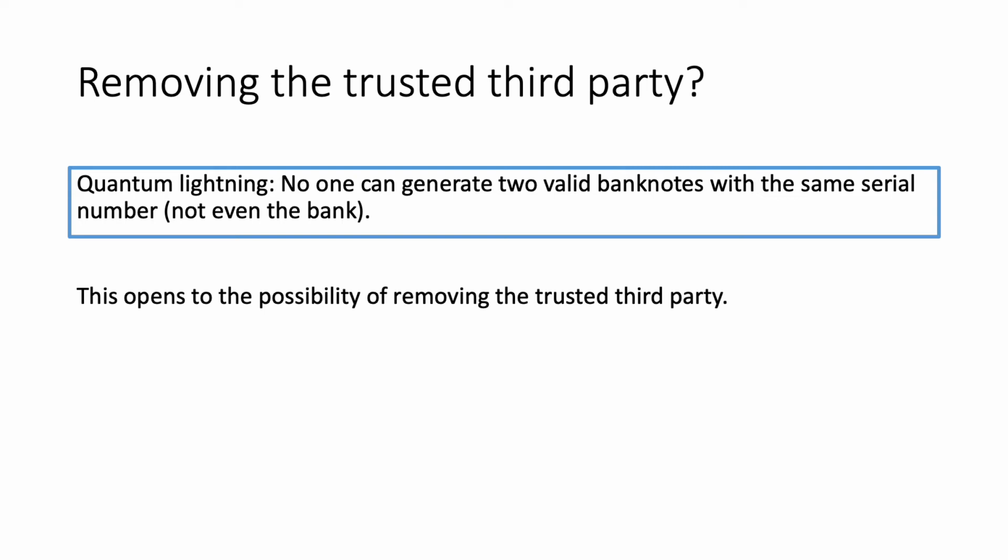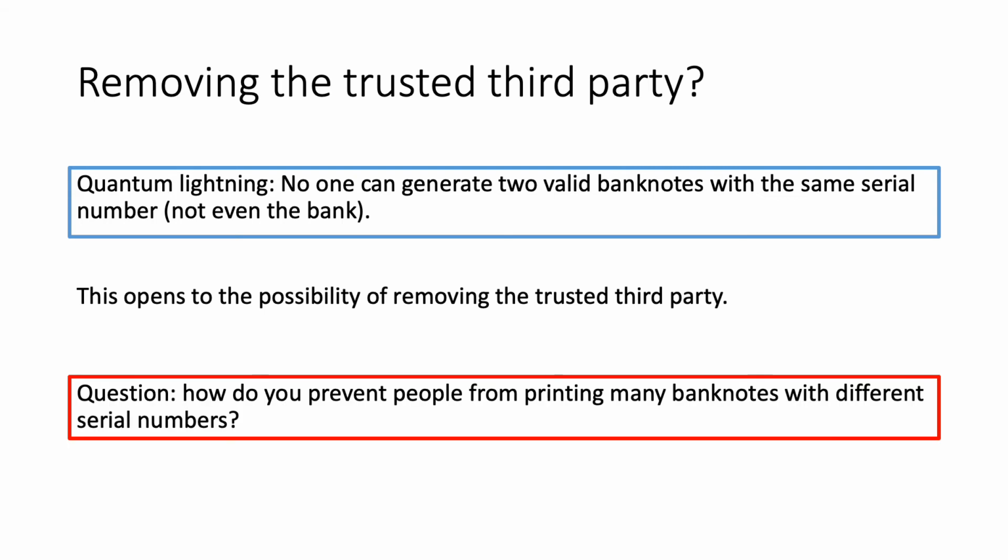However, the question that remains is, how do you prevent people from creating many banknotes with different serial numbers? If there's no bank minting the banknotes, there should be a mechanism that regulates the generation procedure. And in the rest of the talk, I'll show you how to use quantum Lightning in combination with a classical blockchain to provide such a mechanism.